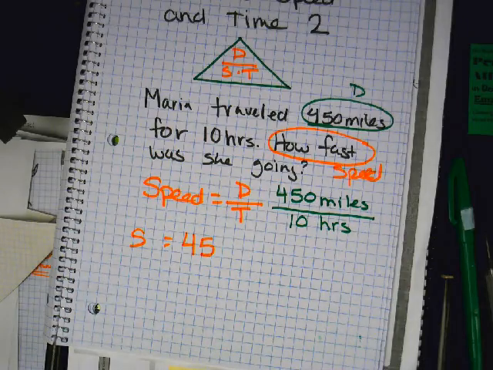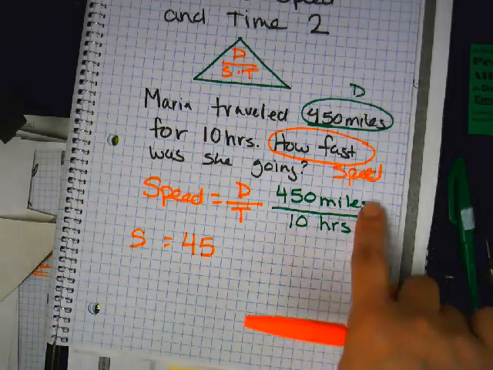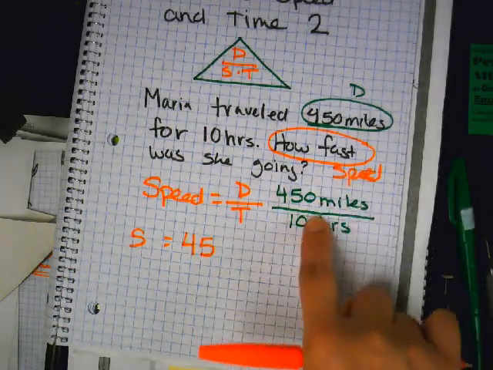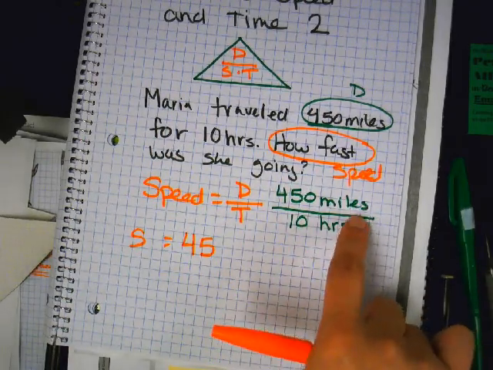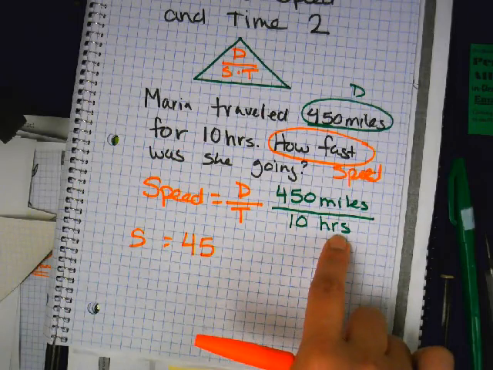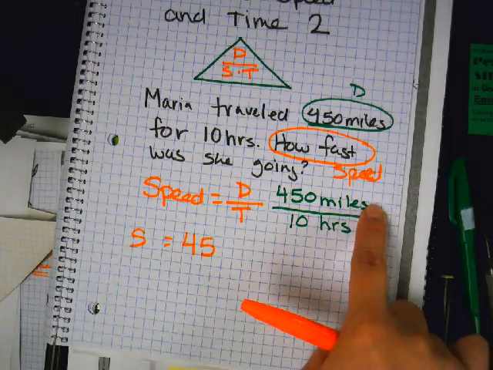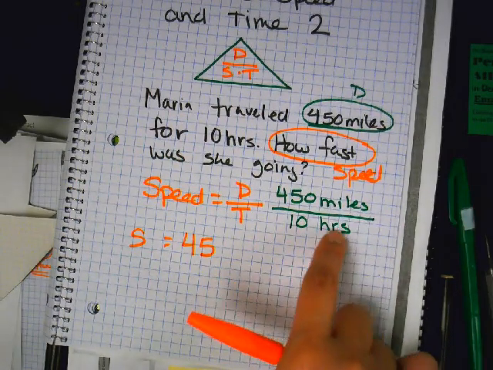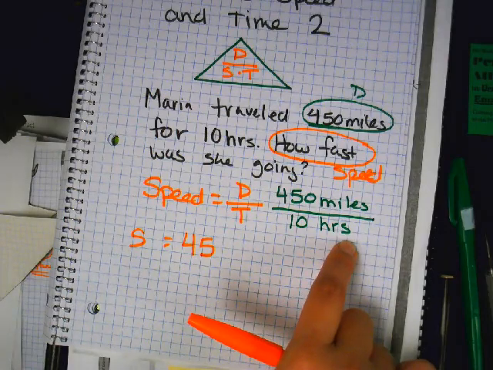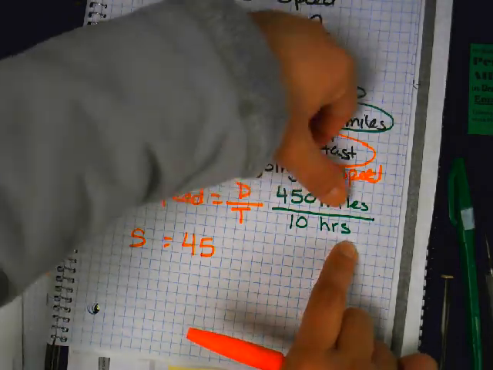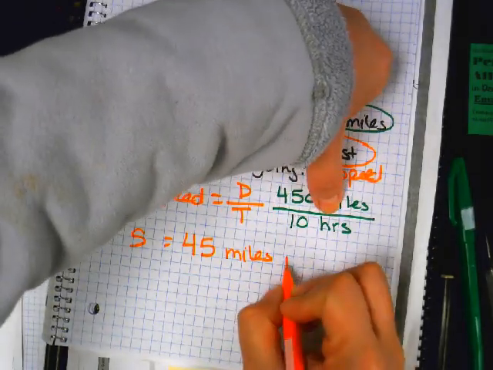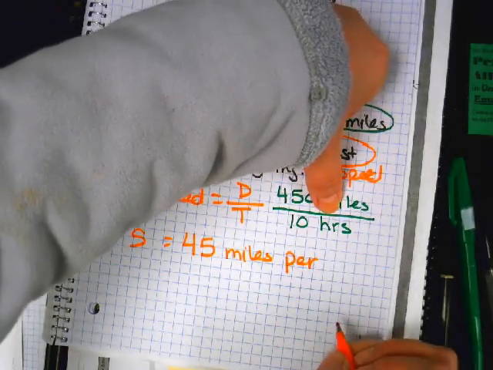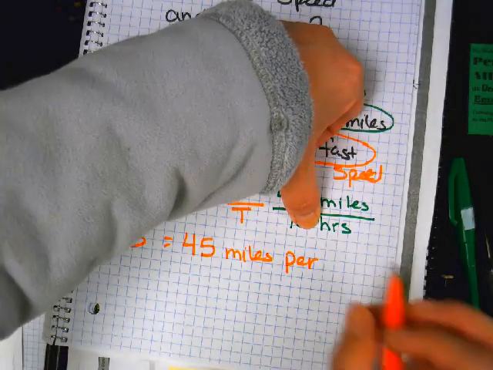Miles per hour. Yep. Do any of these words repeat? Does miles repeat on the bottom? No. Does hours repeat on the top? No. So do you see how there's no words that repeat? So then you write every single word. So miles. What does this line mean? Per. And then what's this bottom word?